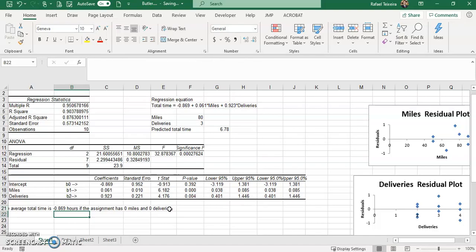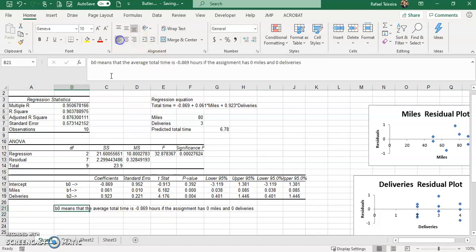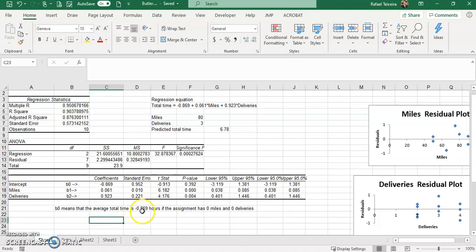I want to use this example to show you that sometimes the intercept, or B0, doesn't have a real meaning, because you cannot have negative hours. But in the context of using other variables, you need this negative coefficient to make the prediction meaningful, okay?